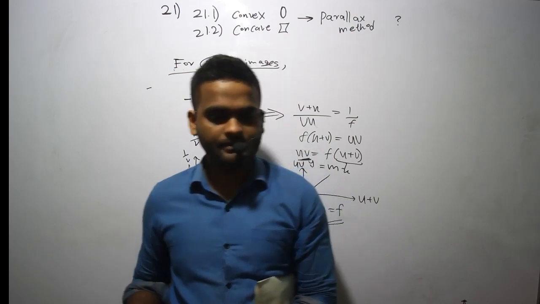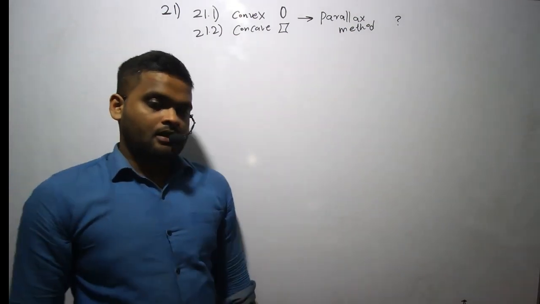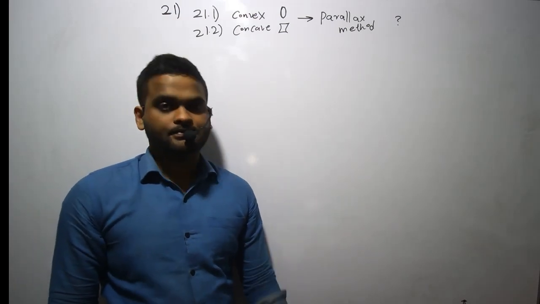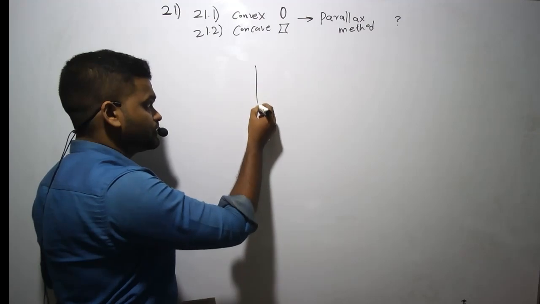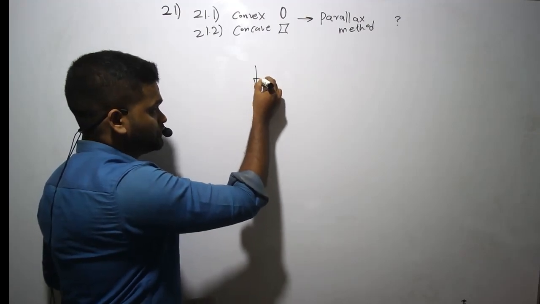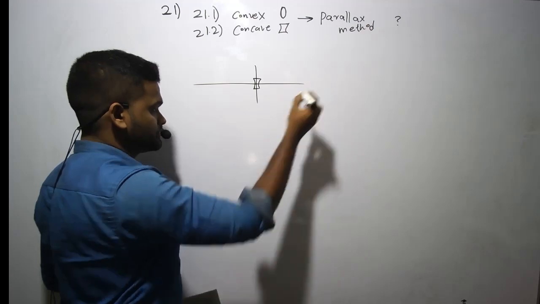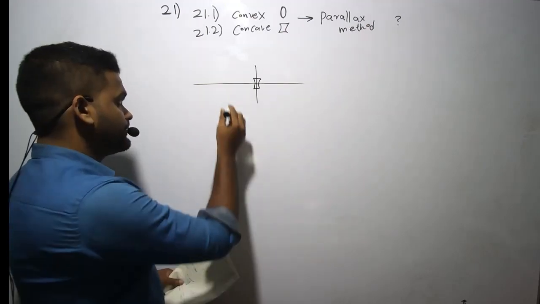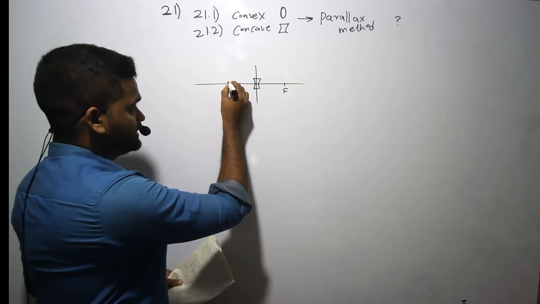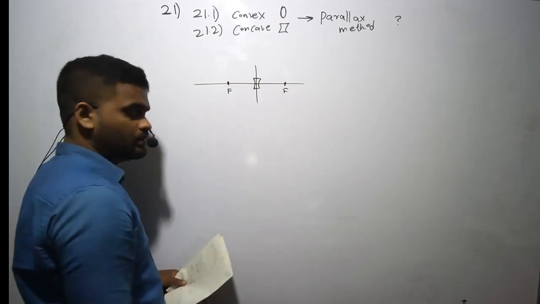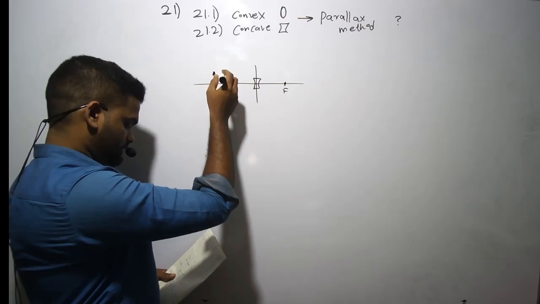So let's see that. First you have to understand the nature of images formed by a concave lens. Let's say the primary focus is here and the secondary focus here for the concave lens. Then if you place an object, what happens?